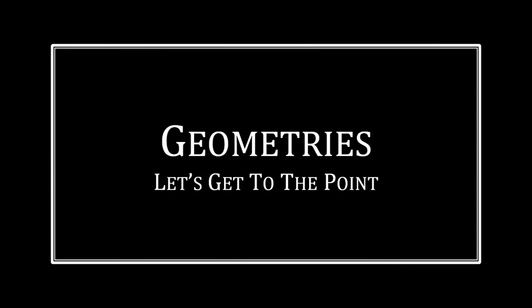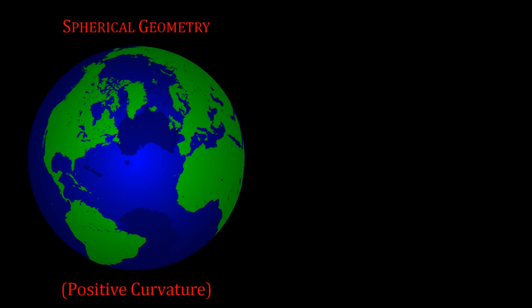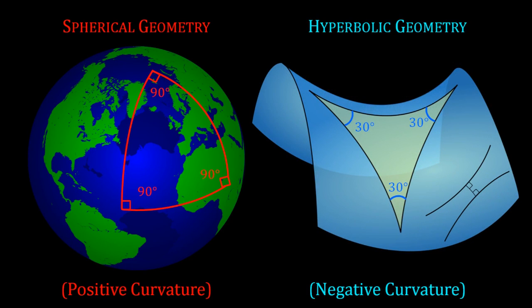We are most familiar with flat plane or Euclidean geometry, where angles in a triangle add up to 180 degrees, and so on. However, this is not the only type of geometry. We can curve our flat surface into a sphere, and now we can construct a triangle with 2 or even 3 right angles. Or we can curve it the other way to form a hyperbolic plane, a strange land where triangles can have 3 30-degree angles.